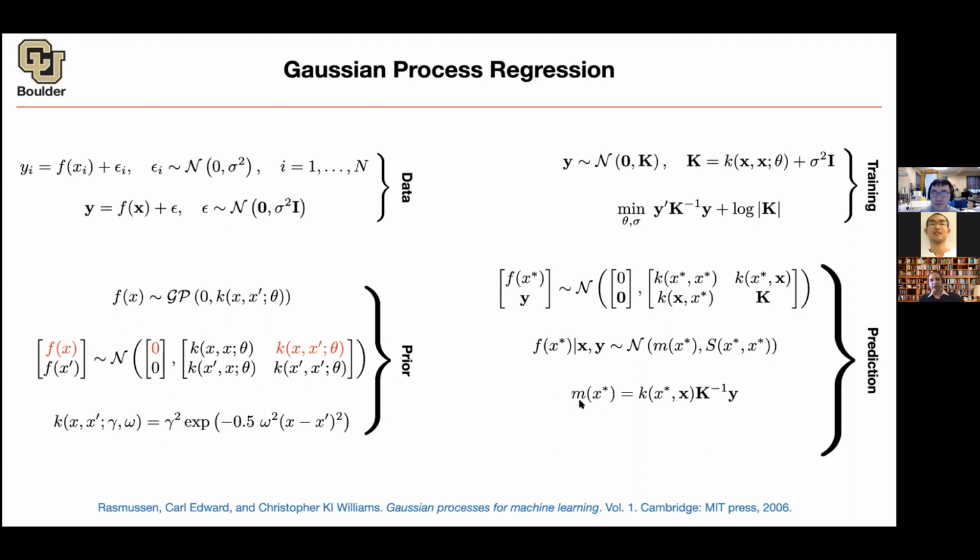And if you write it down, it is gonna give you K of X star and your data, K inverse Y. And if you call K inverse Y to be some alpha, a vector alpha, you're saying alpha times this K. This is a vector, that's another vector. You can write the summation over your data. You can expand it out. And that's gonna give you the summation of alpha i's, K of X star and Xi.